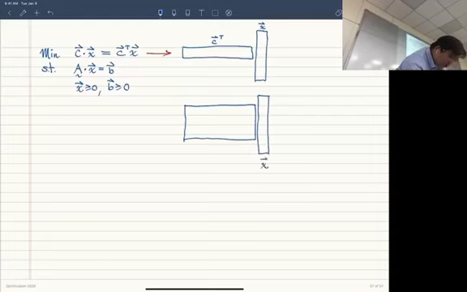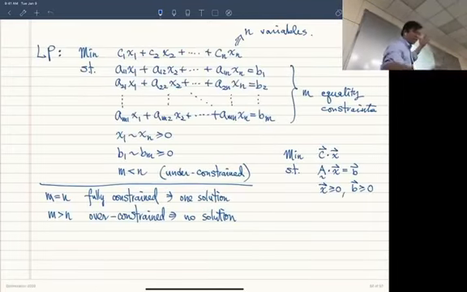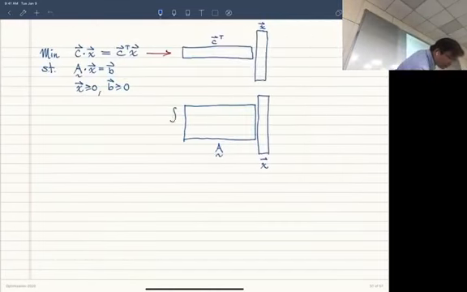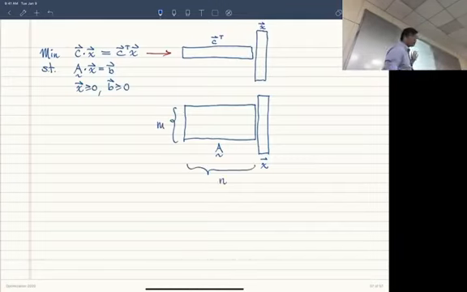Okay, this is also your x, but this is your matrix A, and then they multiply together. In order to be able to multiply these two together, you have to make sure the size here is the same as the size here, right? So you multiply line by line, right? And since we have m equations, the size here is m, and over here we have n, and we know m must be smaller than n.